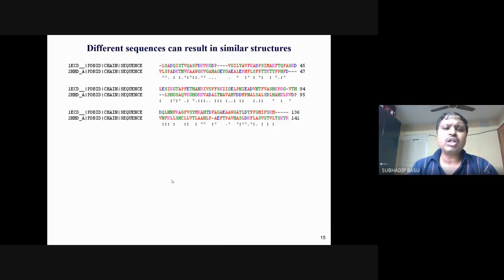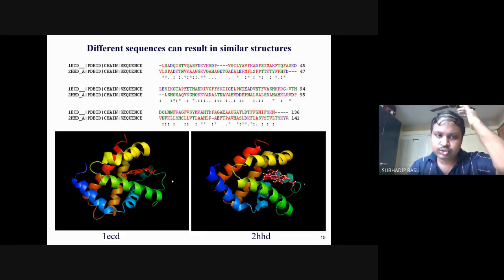And in some cases, you can also see that different sequences can result in the same structure. Even completely different sequences which are not homologous can result in a similar structure. So both these findings have been reported. You can see that these two protein sequences are completely different, and however, they have very similar structural information.